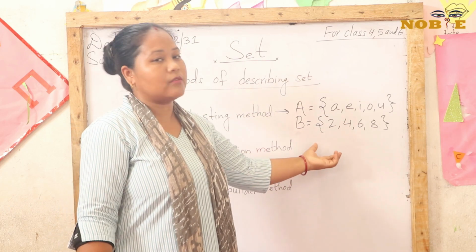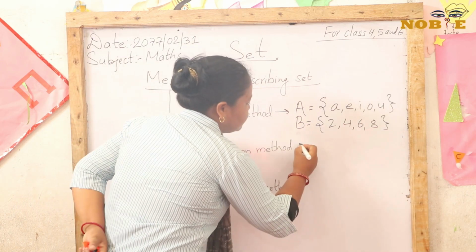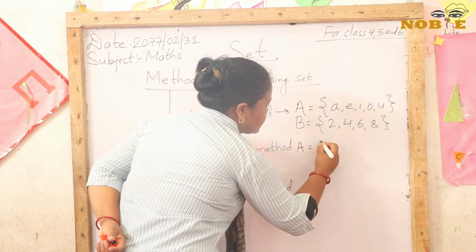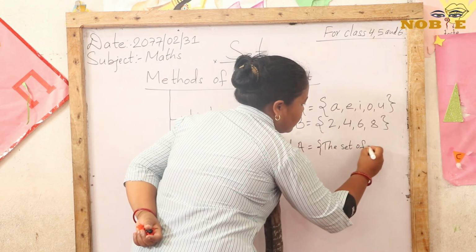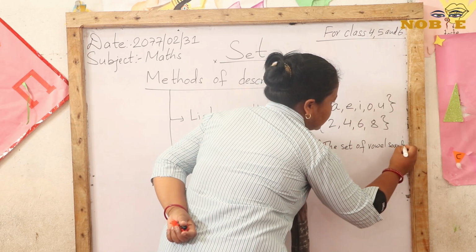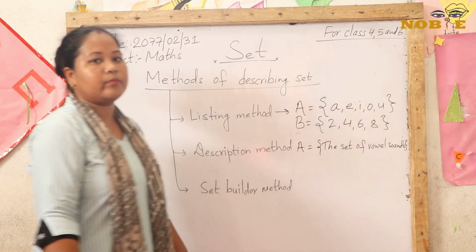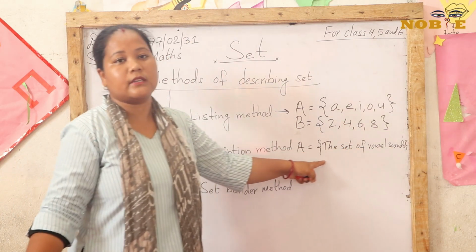We do not list out the elements. For the set of vowel sounds, A equals the set of vowel sounds. We describe the set here by using a descriptive phrase.